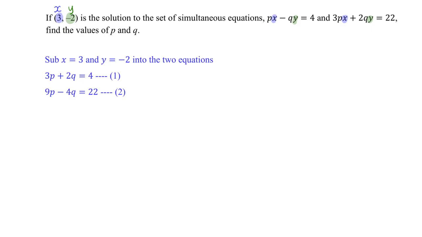And of course, at this point, you can choose to use either the substitution method or the elimination method. Mr. Tan is going to use the elimination method because Mr. Tan realized this: if I were to multiply equation 1 by 3, I can get 9p, which then lets me obtain my unknown with the same coefficient.